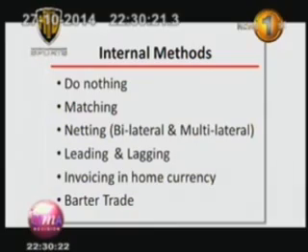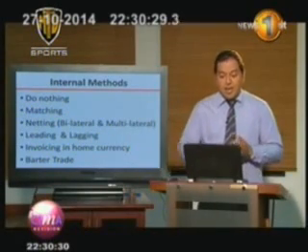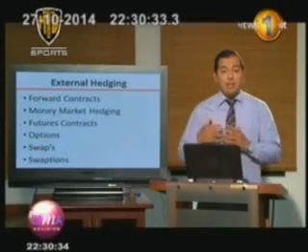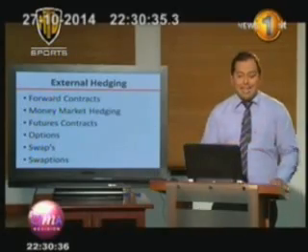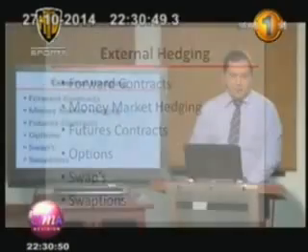You could engage in leading or lagging, you could invoice in home currency, or you could engage in barter trade. We will look at these individual methods a bit later on. We then move on to your external hedging techniques. We have your forward contracts, which is the very basic external method. You have your money market hedging, you have your futures contracts, options, swaps and swaptions.